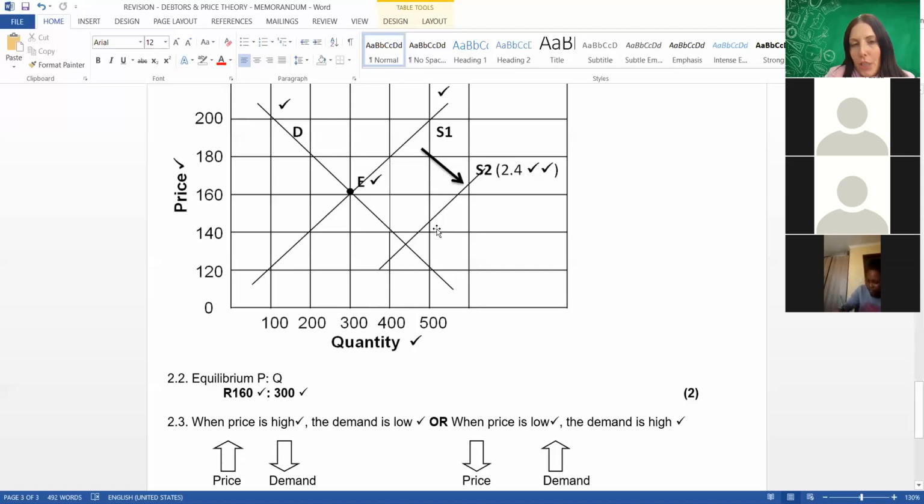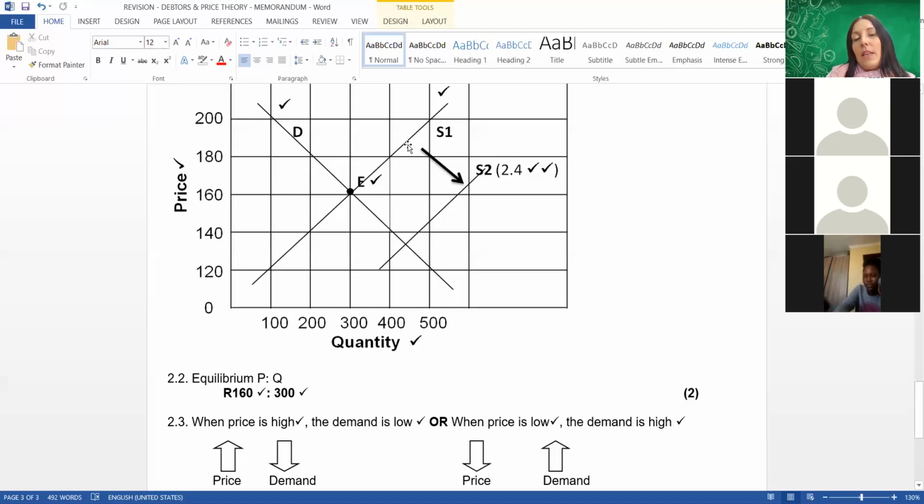And normally, if there's all of a sudden more products in the market, what is happening to the equilibrium point? Can you see? The equilibrium point drops. If I see where this one crosses now with demand, the new equilibrium point is just under 450 at about 130 Rand, where the previous equilibrium point was 300 at 160 Rand.